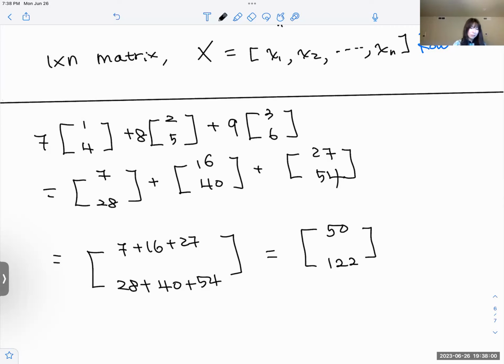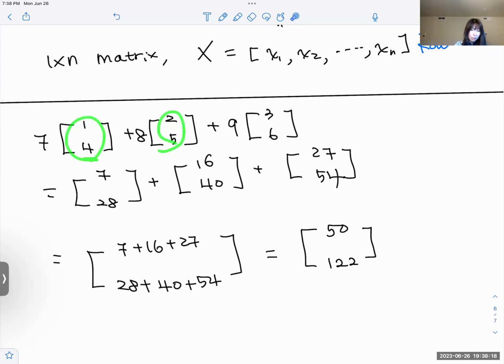Okay, so we call this a linear combination of 3 vectors. So we denote it with coefficients, right? And then we have 3 vectors.